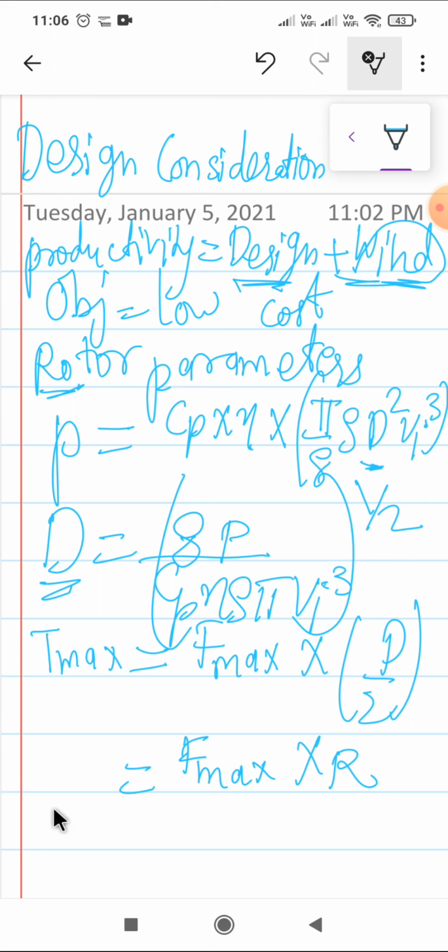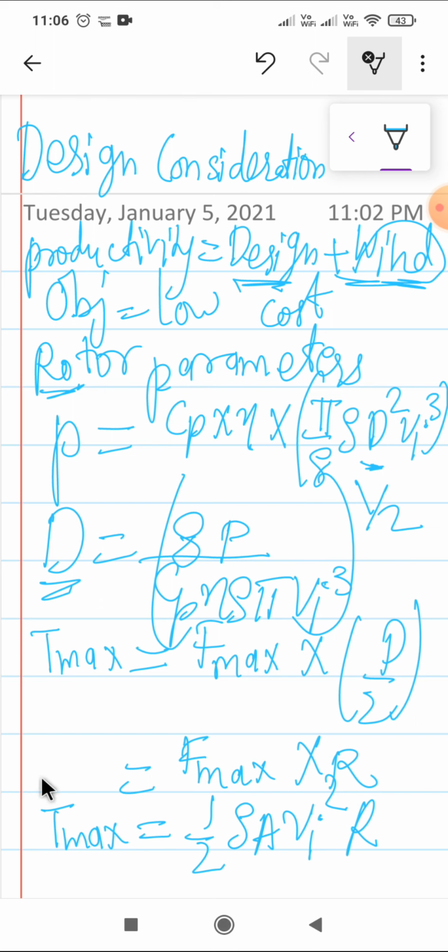F maximum, that is force, is 1 by 2 rho A Vi square into R. So this is the torque T maximum that can be applied.